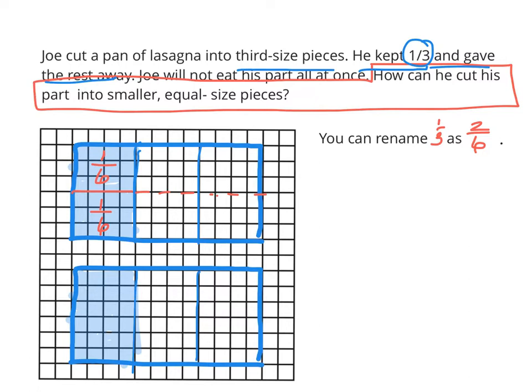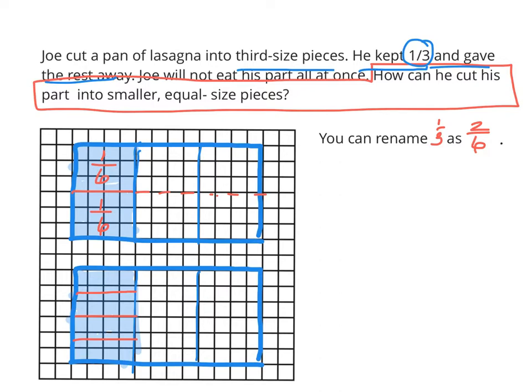So if you wanted to cut it into 4 equal pieces, it would look something like this. Now suppose Joe had cut the entire pan of lasagna into equal pieces of this size. How many pieces would there be? Pause this video and turn and talk to your partner.